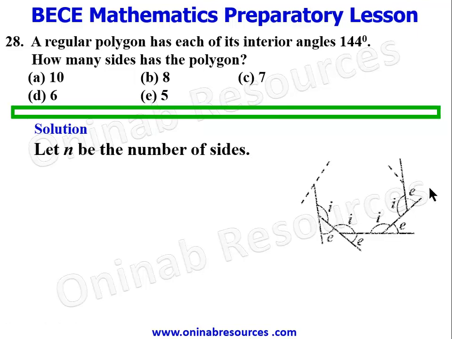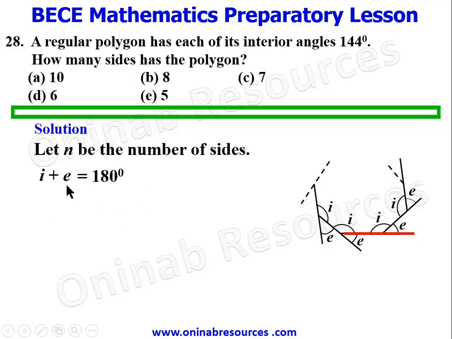Now we need to know certain things: the interior angle and the corresponding exterior angle are on a straight line, so their sum is 180 degrees. We see that I and E are on a straight line. So we come up to say I plus E is equal to 180 degrees.